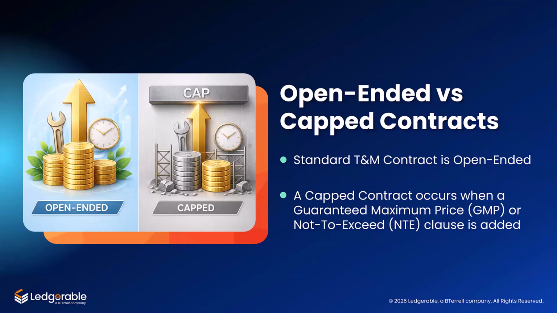In construction, time and materials contracts are often classified as either of two types: standard T&M, which are open-ended in terms of billing, and capped contracts, which are usually referred to as guaranteed maximum price, or GMP, because a GMP, or a not-to-exceed clause, has been added to the agreement. These clauses cap the total amount billed by the contractor to the owner or customer under the scope of the original contract.